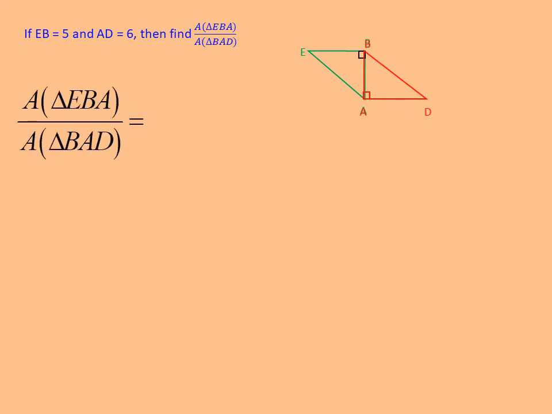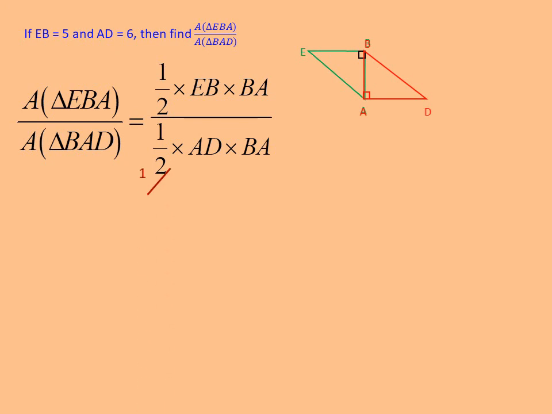So now you can guess area of triangle EBA upon area of triangle BAD equals half into EB into BA upon half into AD into BA. As you can see, half and half will get cancelled, BA and BA will get cancelled.